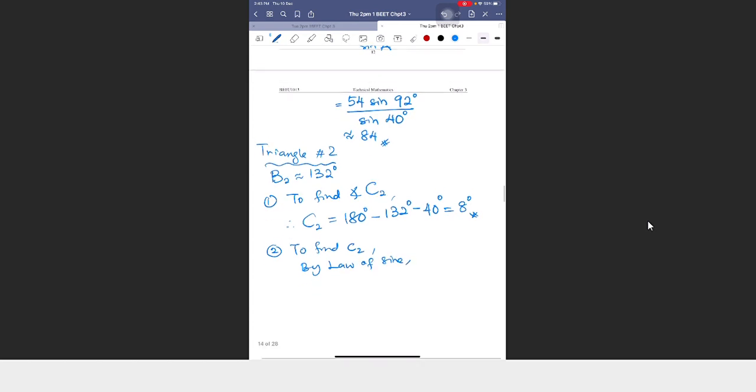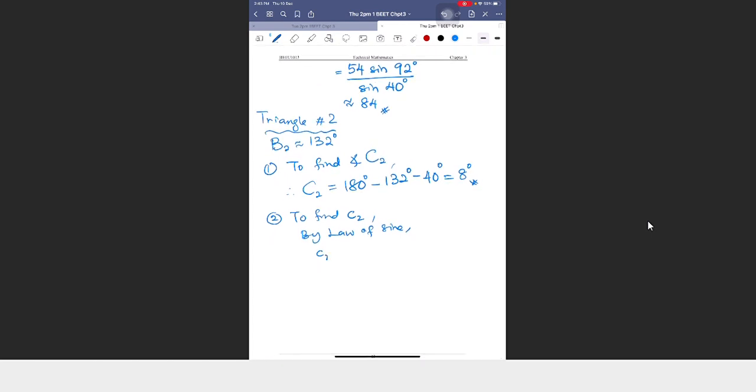You can write it as c2 over sine C2 equals a over sine A. Then c2 equals a times sine C2 over sine A, so you substitute a is 54, sine C2 is sine 8 degrees, over sine A, which is 40 degrees.